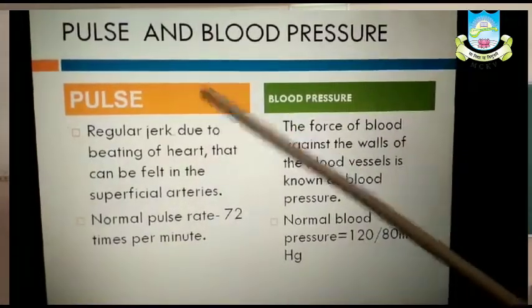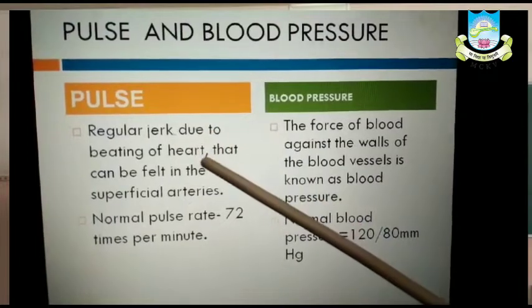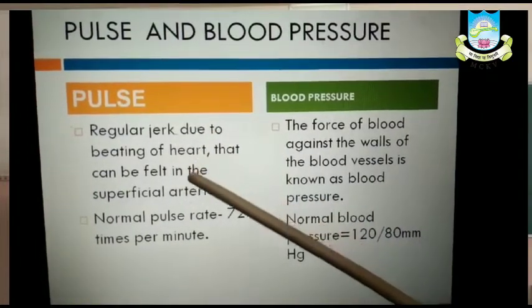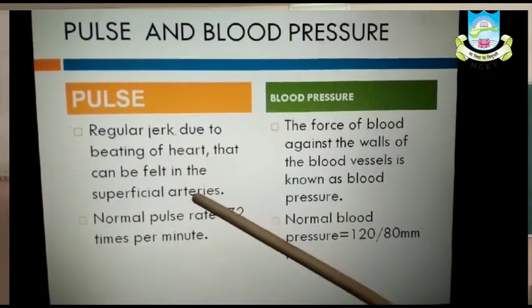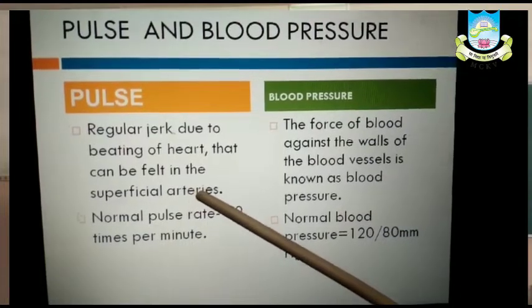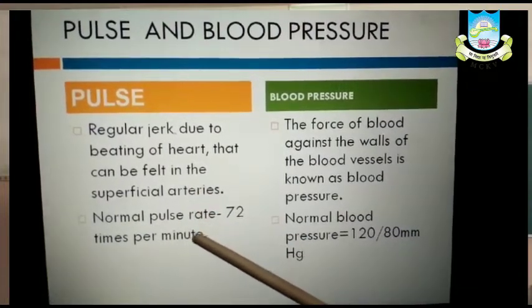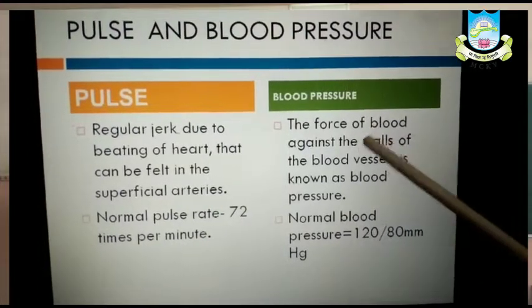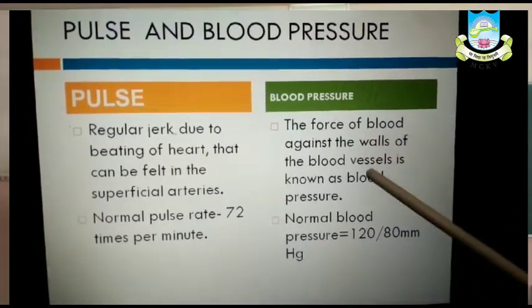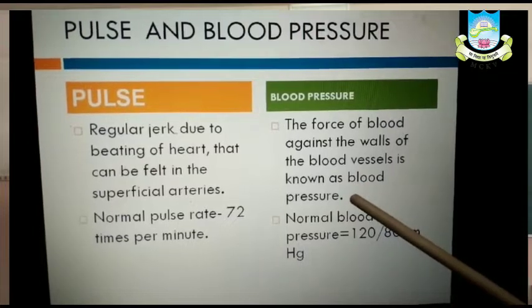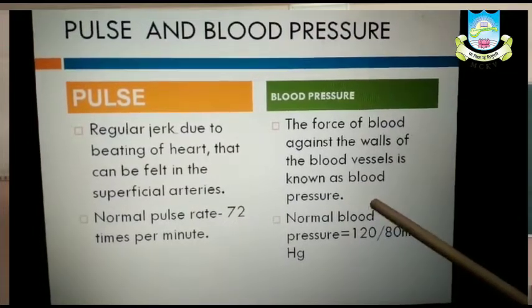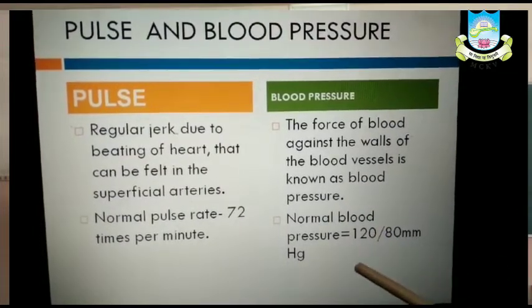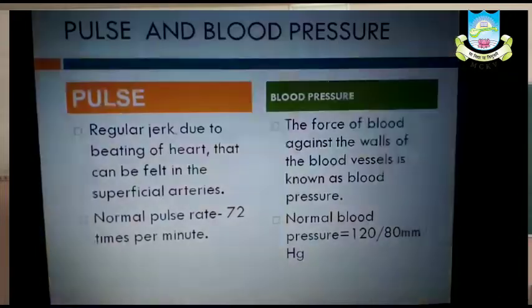Pulse. What is pulse? It is the regular jerk due to beating of the heart that can be felt in the superficial arteries. You can feel it on your wrist. Normal pulse rate is 72 times per minute. Then what is blood pressure? The force of blood against the walls of blood vessels is known as blood pressure. Normal blood pressure is 120 by 80 mmHg, means millimeter of mercury.